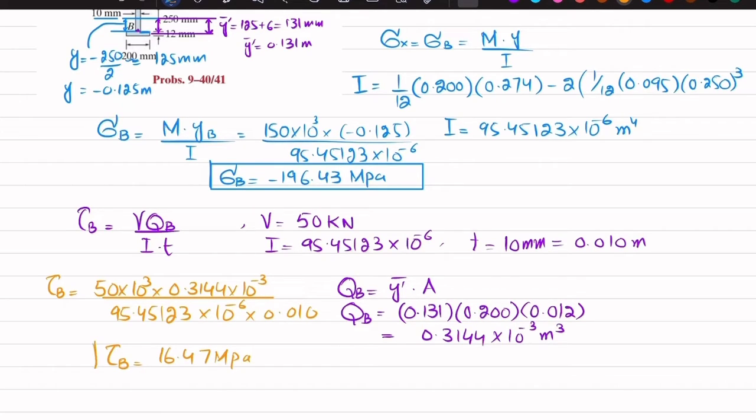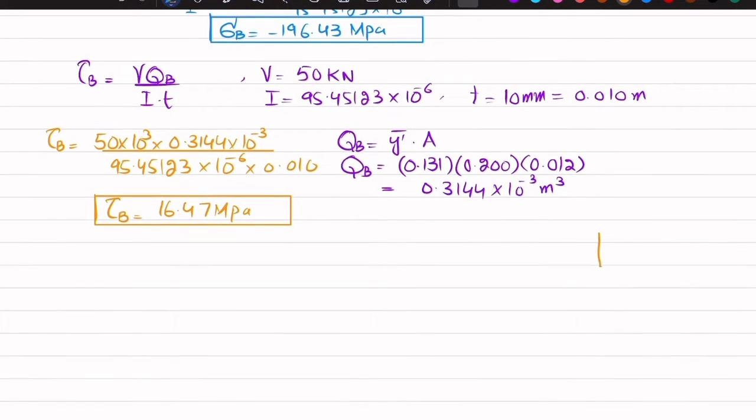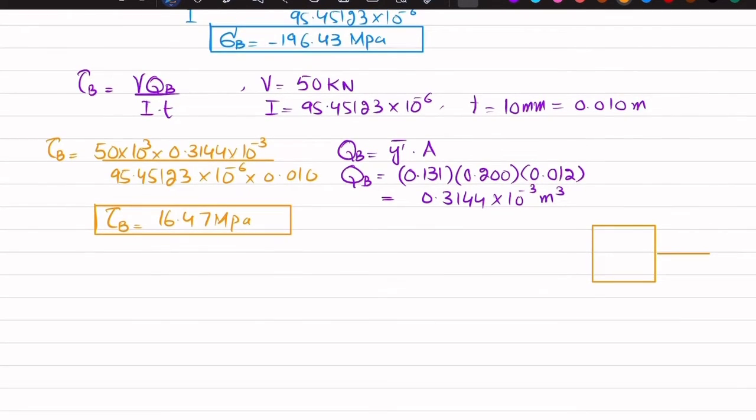Okay. Now, if we draw the state of stress at point B, this is the element. Clear? In the x direction you will have sigma b, which is negative, so it will be compressive.